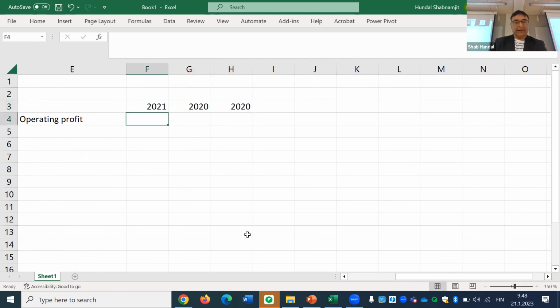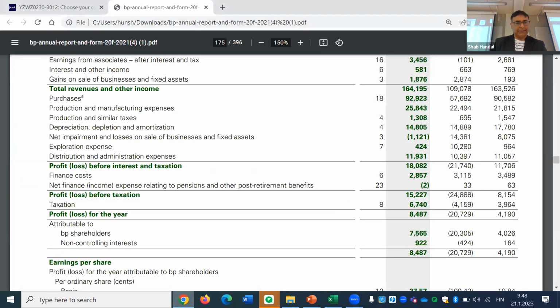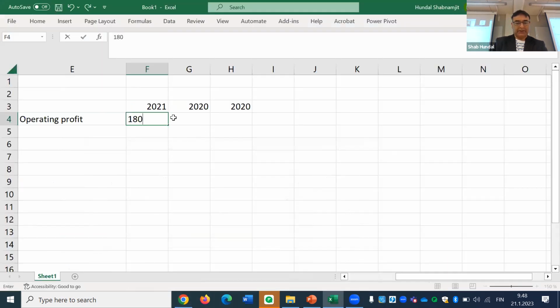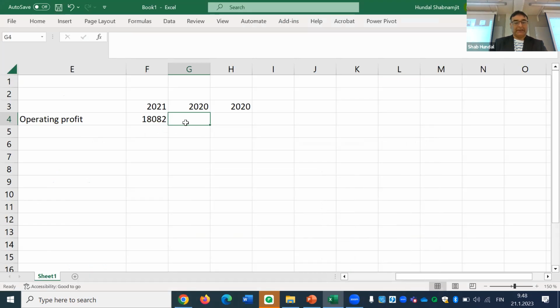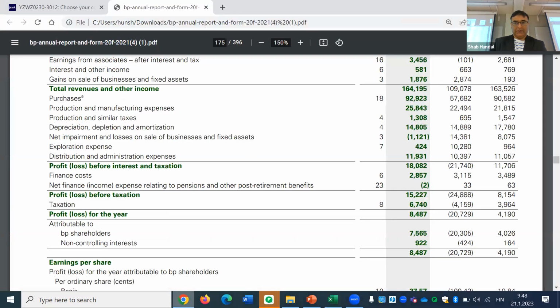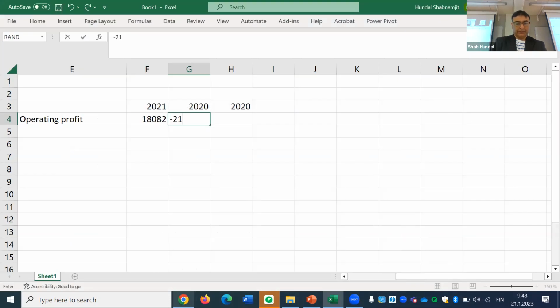And here we see that the operating profit is 18,082. So I'm just writing down 18,082. And then in the previous year, it was a loss, and the loss was, because it's in brackets, in parentheses, 21,740. So what I do, I put a minus sign first, 21,740.